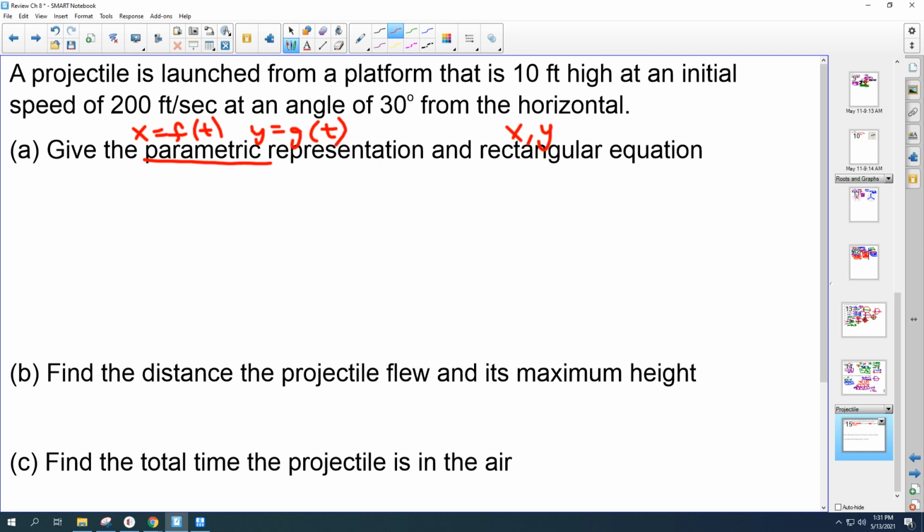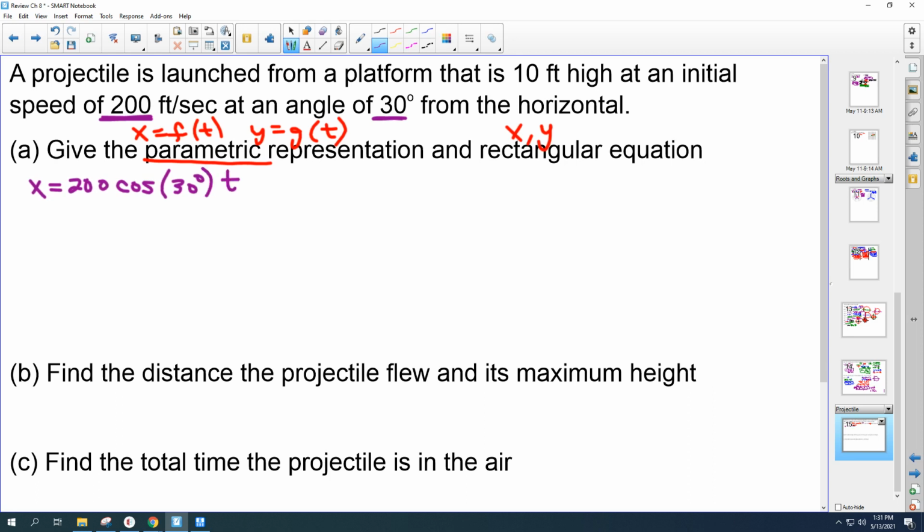For a parametric, you can look at the x equation, and it's going to look like we've got the initial speed, and we've got this angle. So the x is going to be 200 cosine 30 degrees times t.